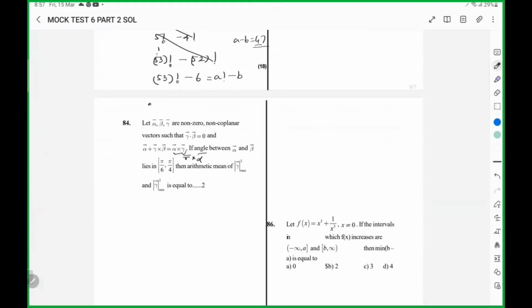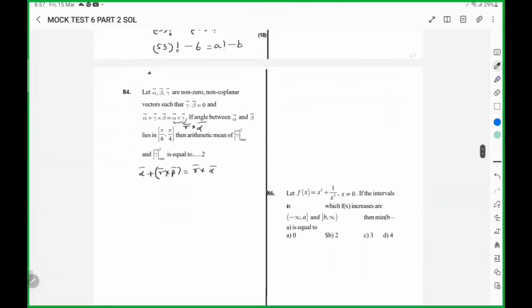Solving vector equation. It's advanced point of view also very important. Alpha bar plus, which is gamma bar cross alpha bar. Alpha bar is gamma cross alpha minus, which is gamma bar cross alpha bar minus beta.